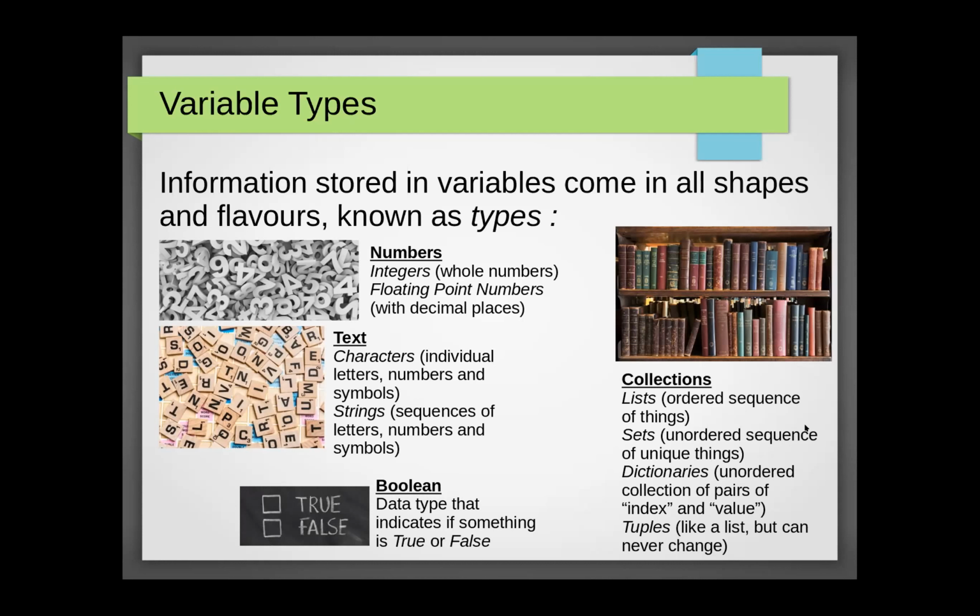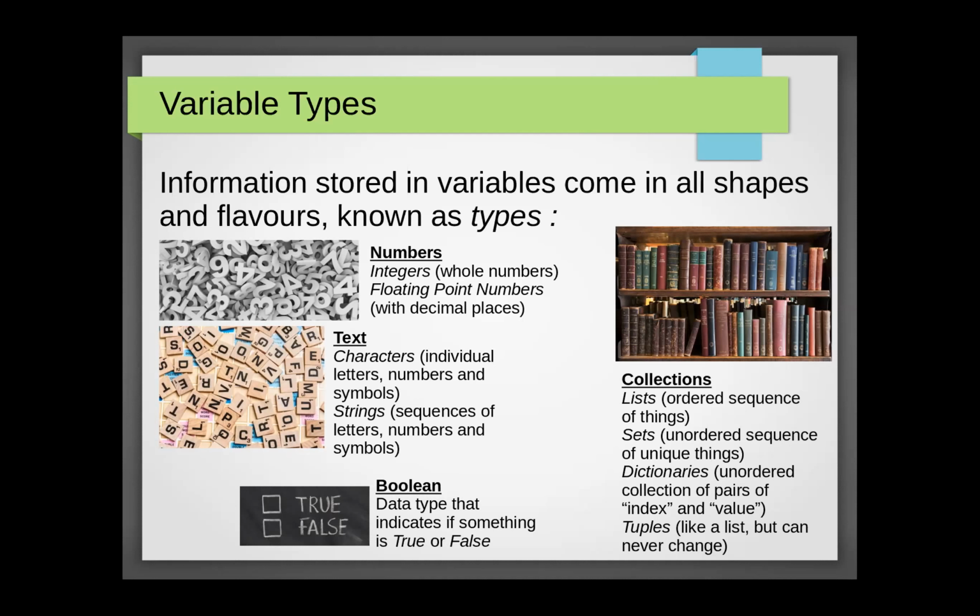There are also things called collections, which are ways in which we can have more than one value collected together in a variable. We can have lists, which are ordered sequences of things, which might be numbers or text or Booleans. We can have sets, which are the same thing, but unordered and unique. A set will never contain duplicate values, and there's no importance to the order.